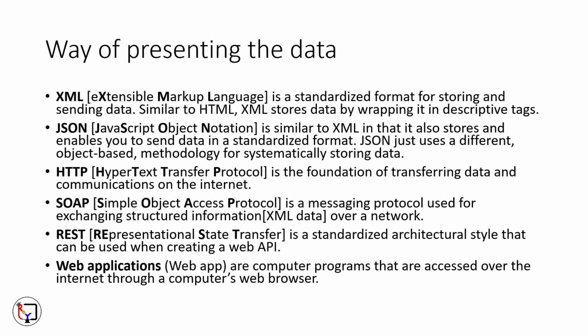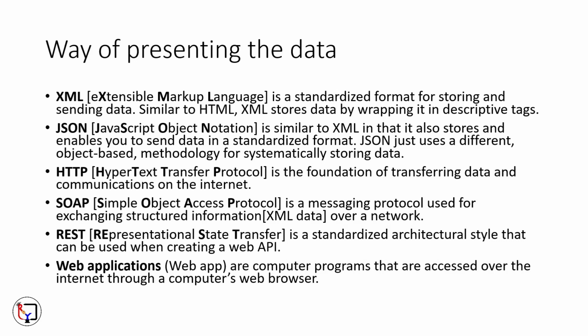I will explain in more detail. HTTP, hypertext transfer protocol, is the foundation of transferring data and communication on the internet. With the help of a browser, we can view the HTTP output.